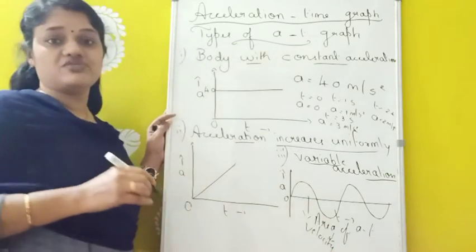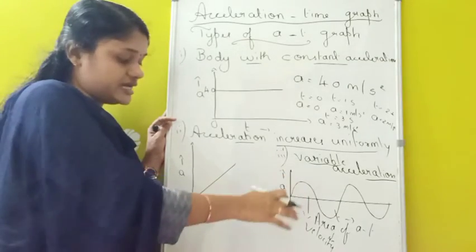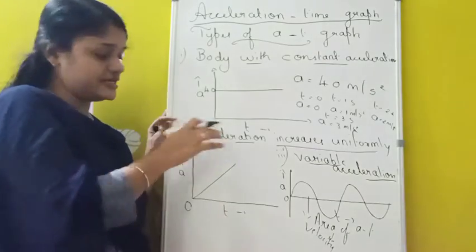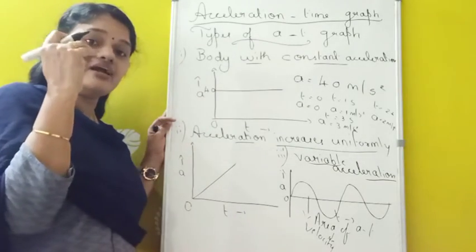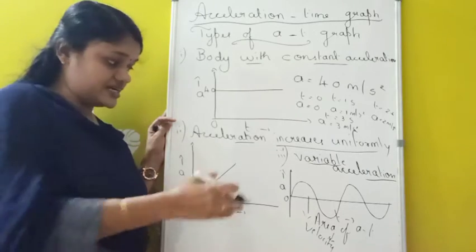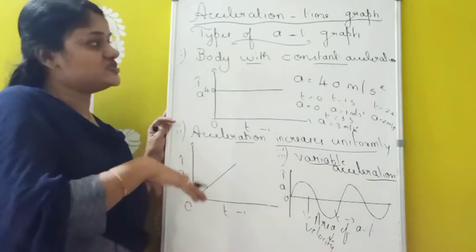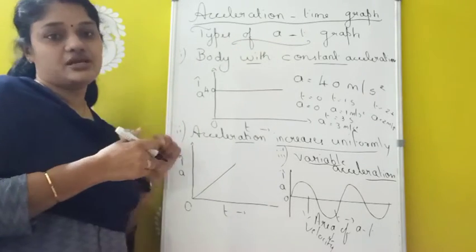Okay. So whenever we are finding this area under this acceleration time graph, that will give which quantity? Velocity. Similarly, we already studied the area under the velocity time graph gives which quantity? Displacement. Similarly, area under acceleration time graph gives velocity. So these are the different types of acceleration time graph.